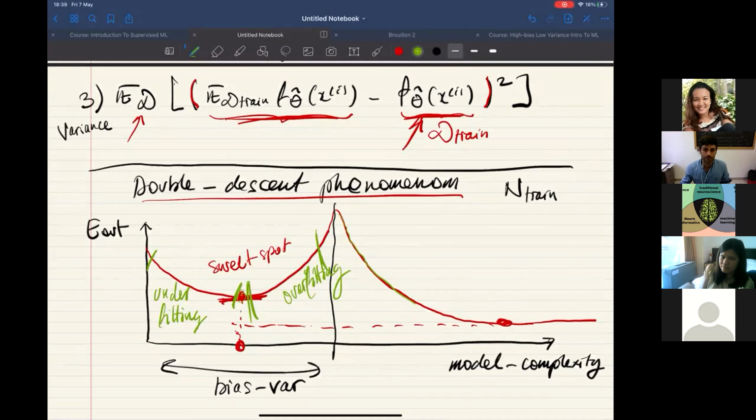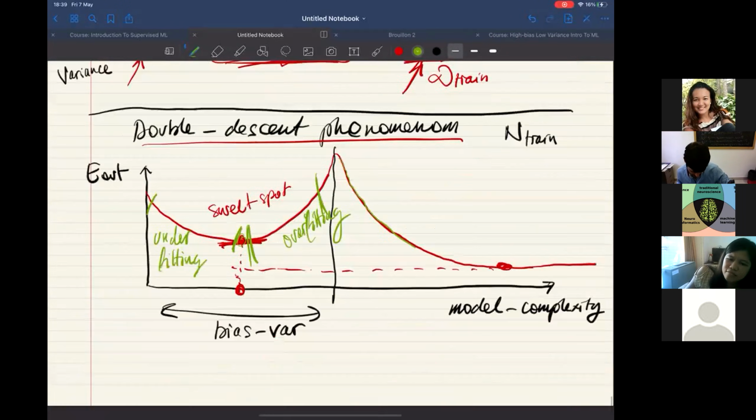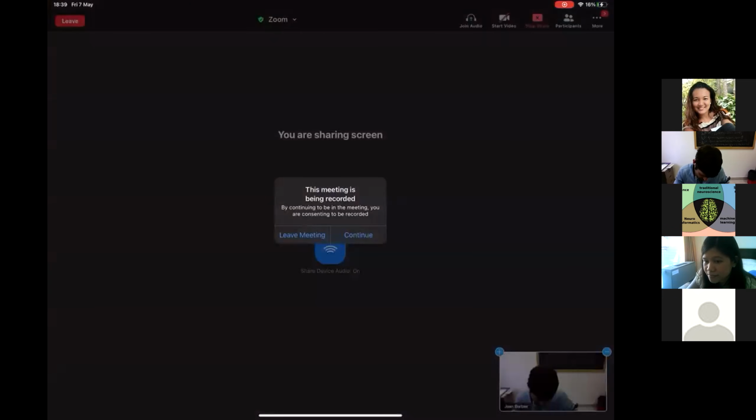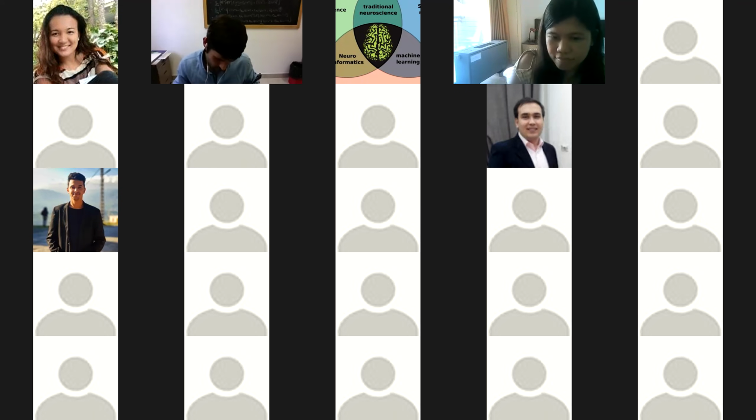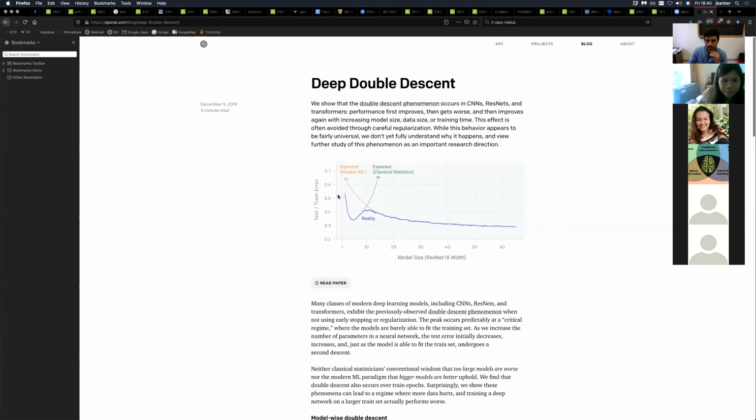All right. So for example, let me share my screen. If you Google double descent, you will find many articles on this, where you see the test error as a function of the model size, and you see the first descent.